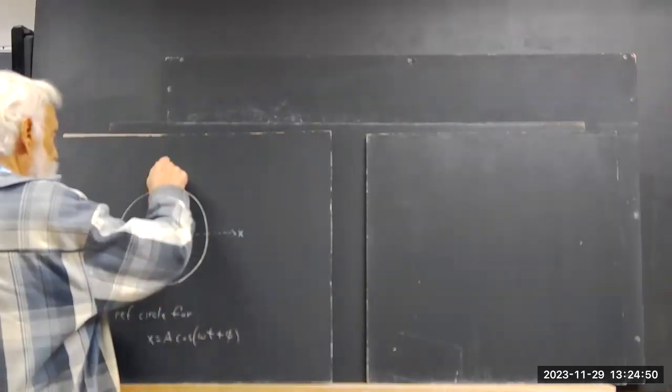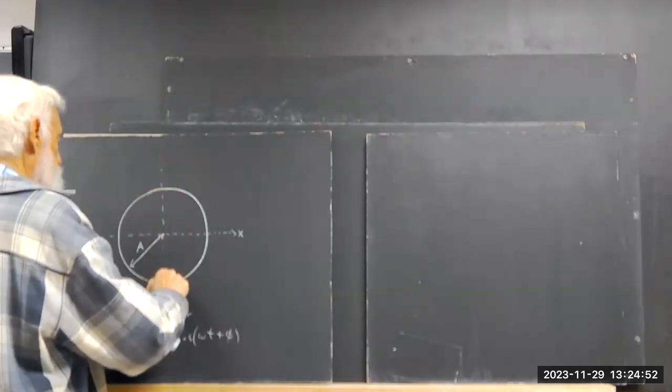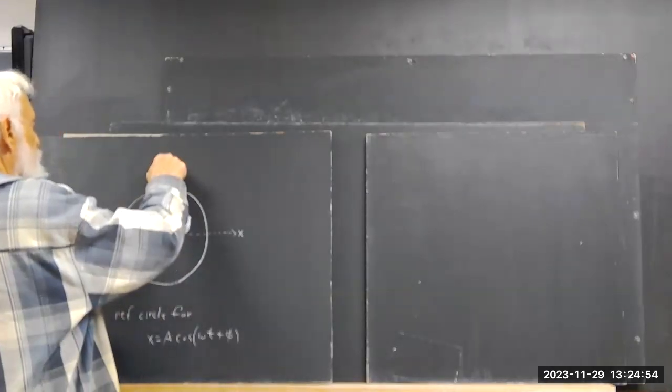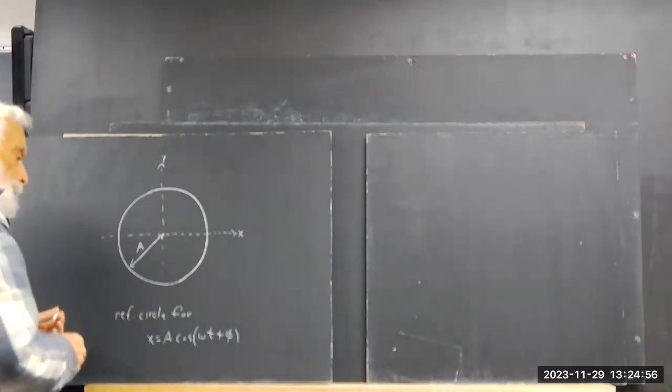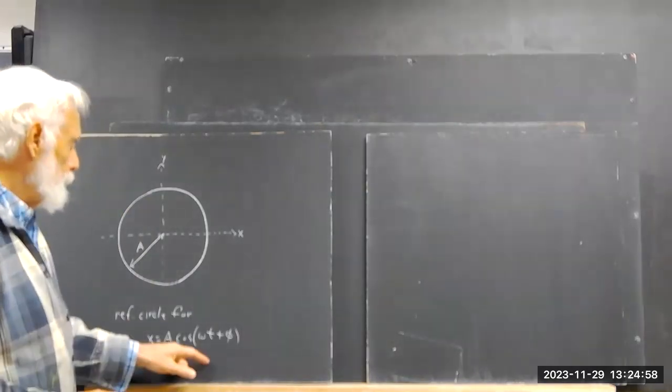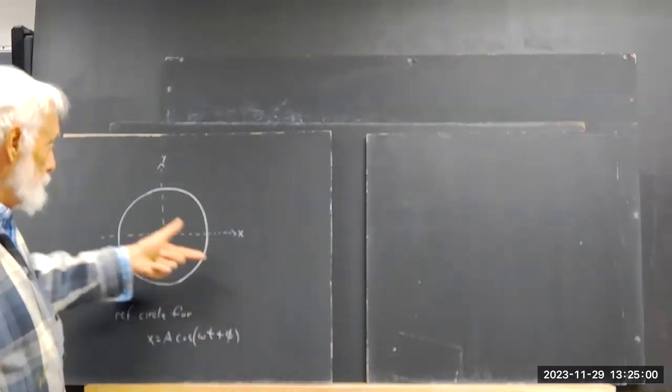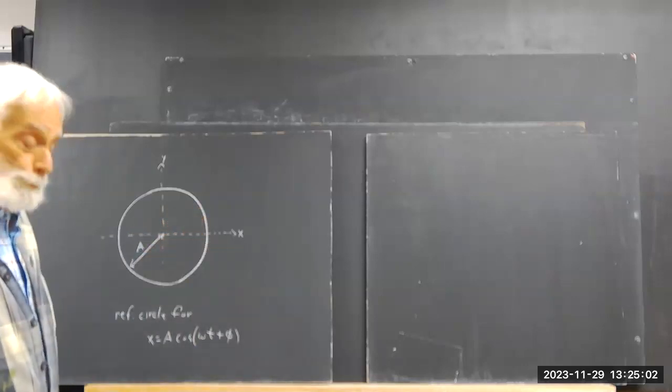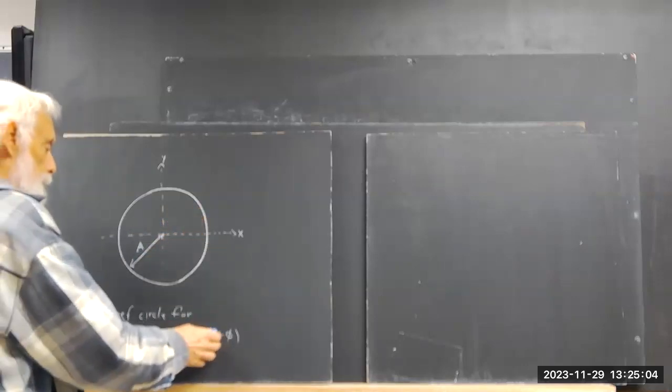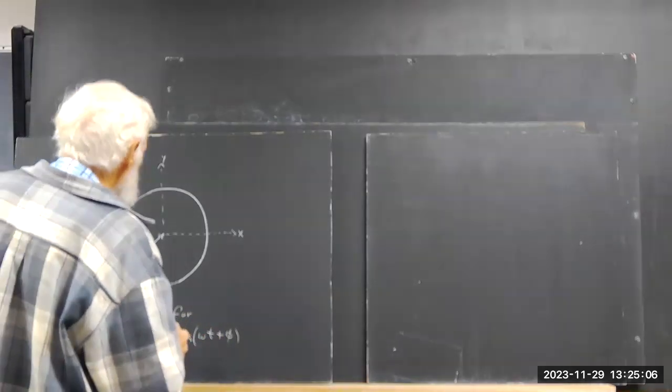This, if you wish, is your x-axis, and of course, you've also got a y-axis. But the angles are all measured with respect to the x-axis. Phi could be any angle.